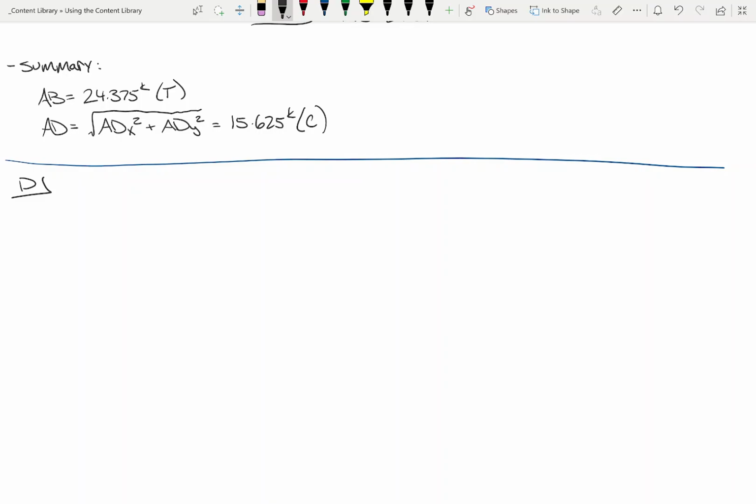The first thing I did is I said, let's draw all of the members that are going through joint D. So that's all the members that are going through joint D.